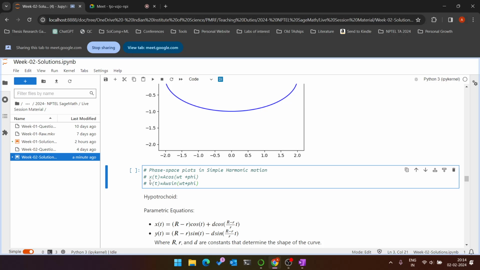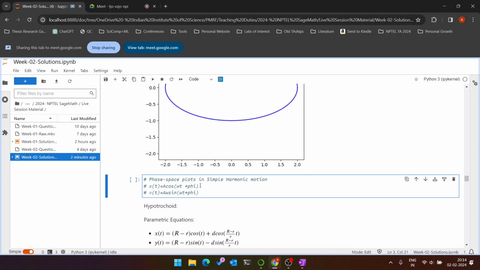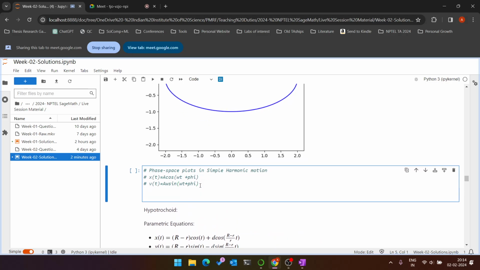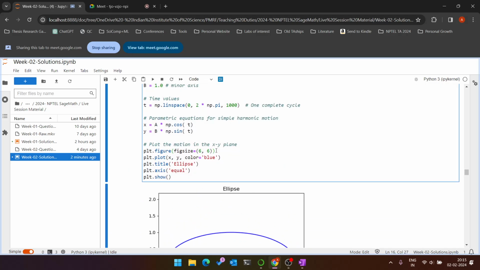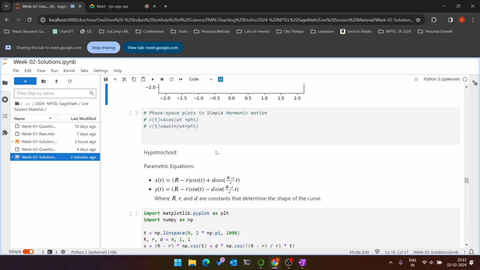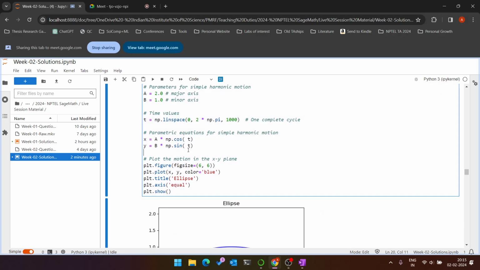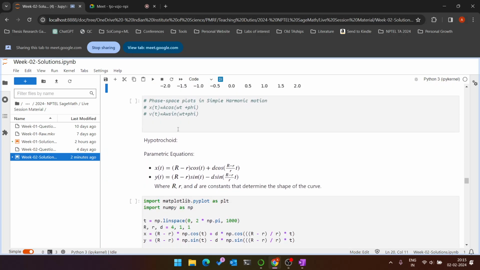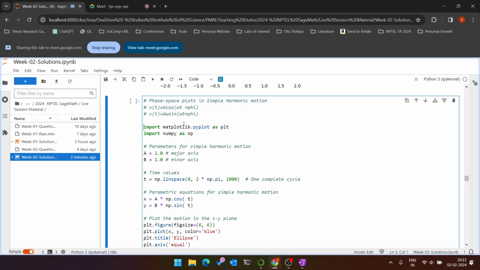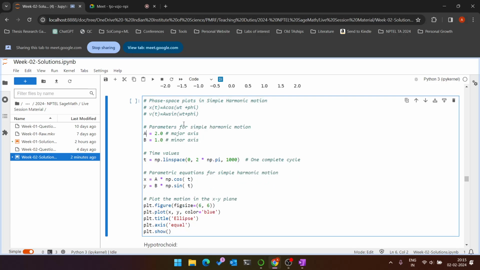If I have these equations as the displacement and velocity relations in simple harmonic motion, I can use this to plot the phase space plot, which basically looks like an ellipse. If I copy this here, what I'll do is the simple harmonic motion. Suppose my amplitude is 1 and my frequency is 2.